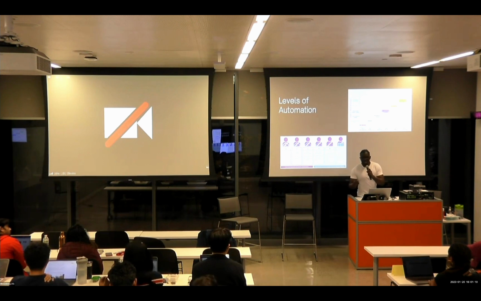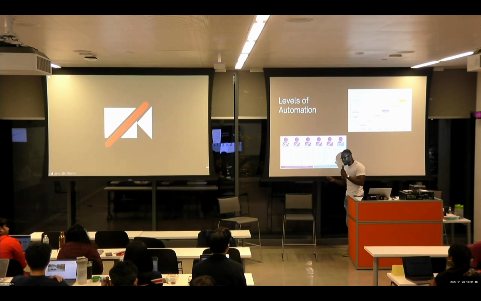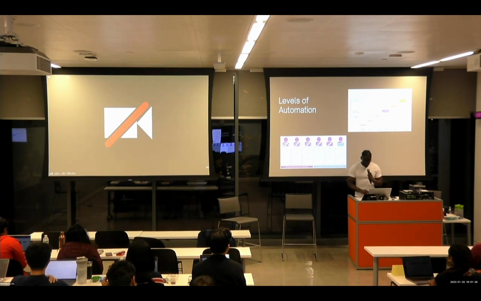High automation, mind-off, where you could just sit in the car, do something else, be more productive. And then full automation, think about vehicles driving around with no one in them. Or better yet, vehicles making school runs to pick up and drop off kids.